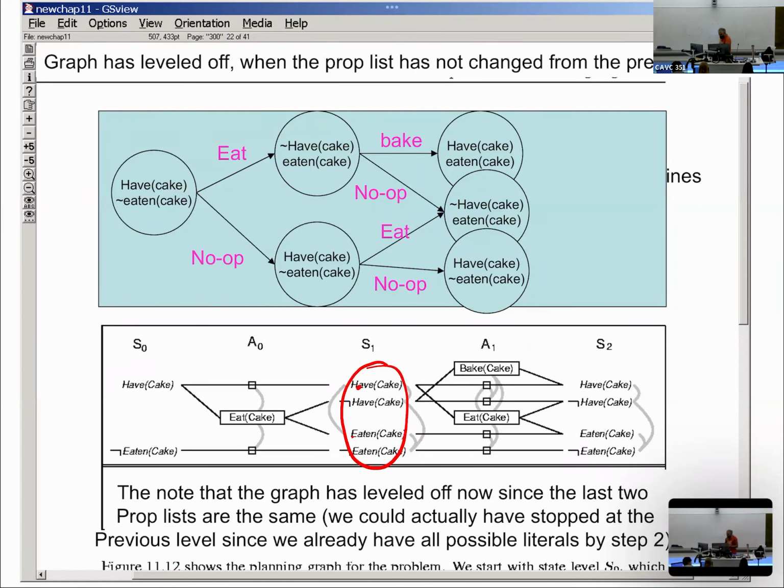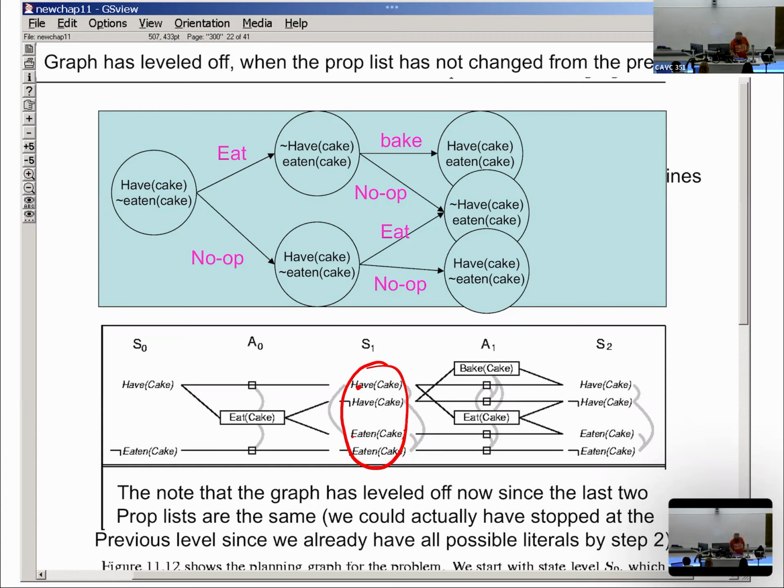The pairwise negative interactions are actually a pretty nice, reasonable place where you can easily propagate them while you are constructing the planning graph. So you would do construction of the planning graph just the previous way. You construct the first level proposition list.